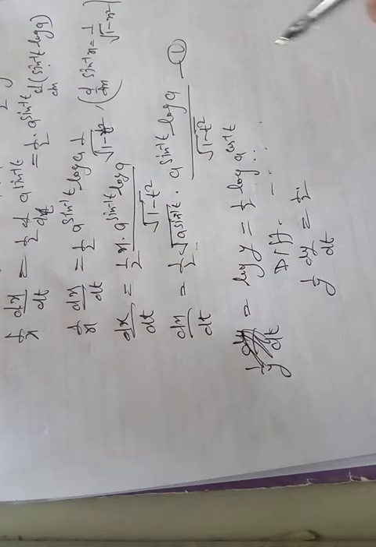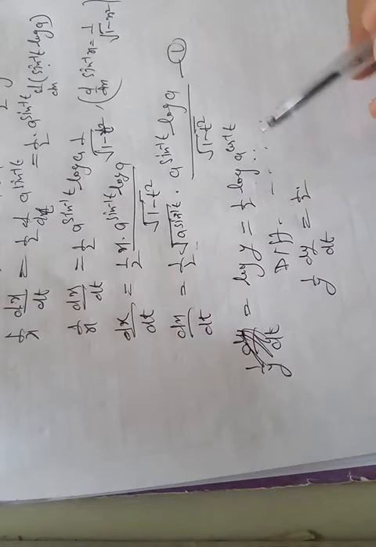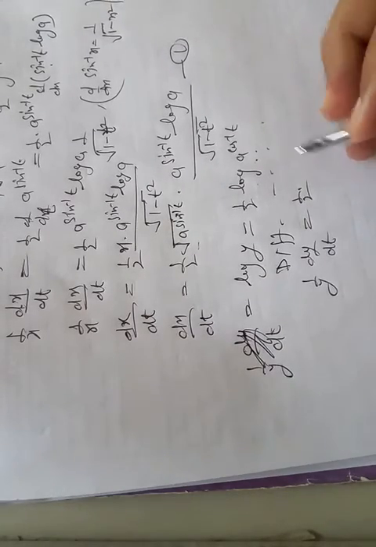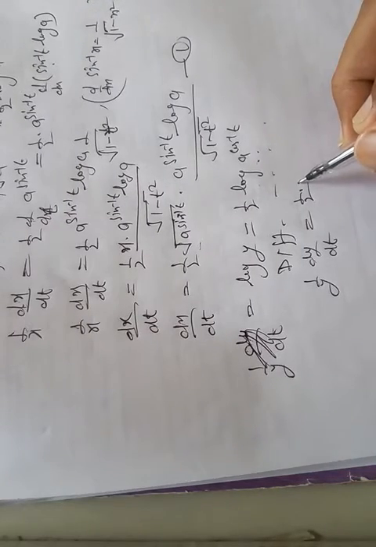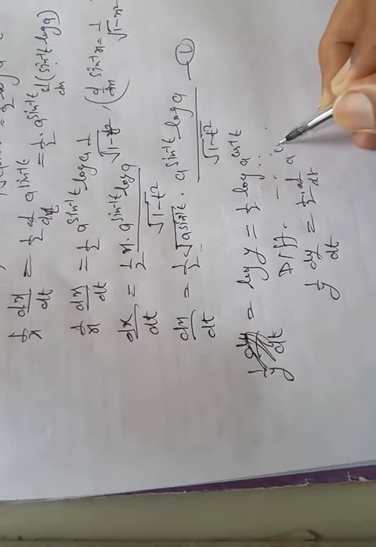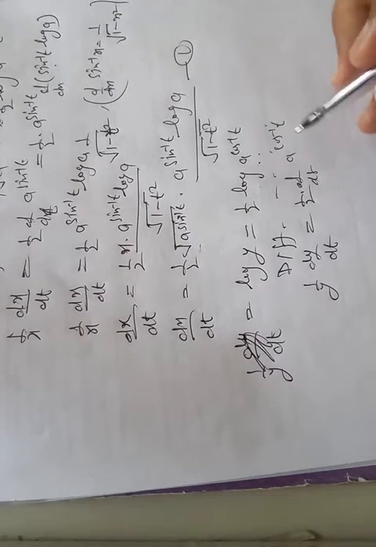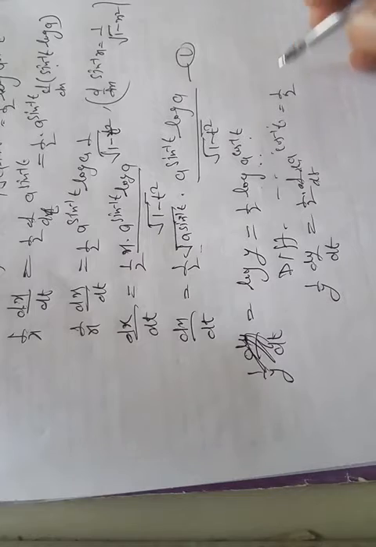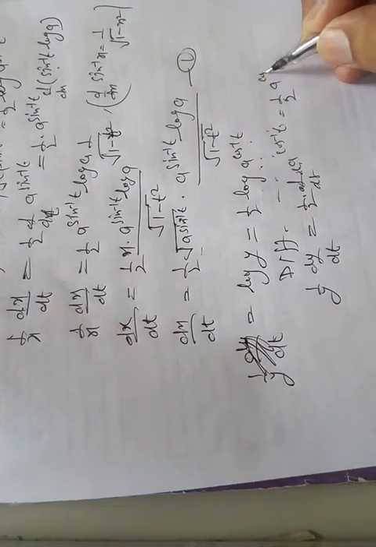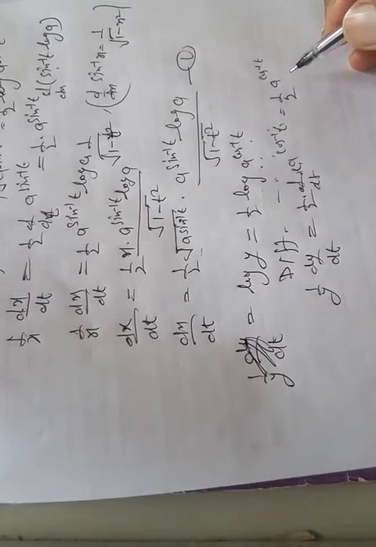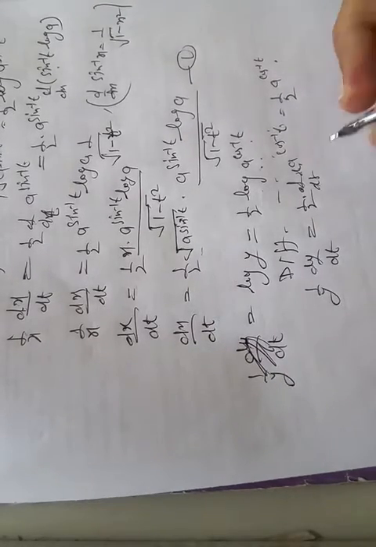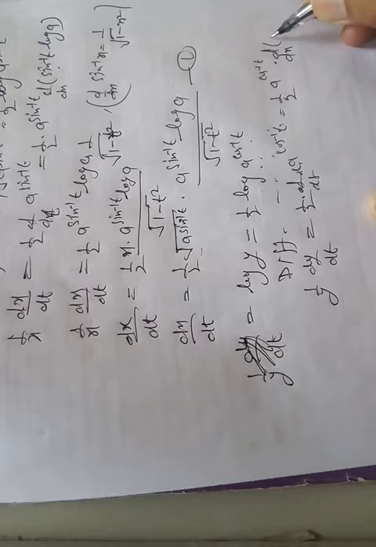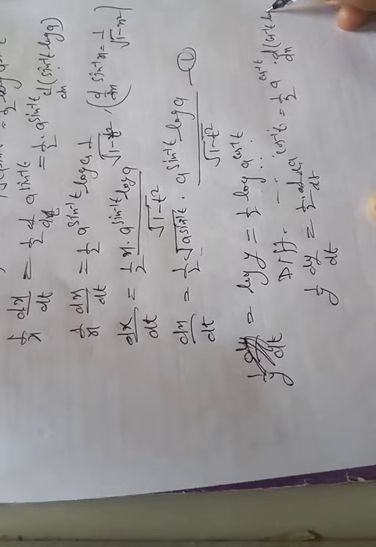This function is a raised to cos inverse t, so it is 1/2 into 1 upon a raised to cos inverse t into d/dt of cos inverse t log a.